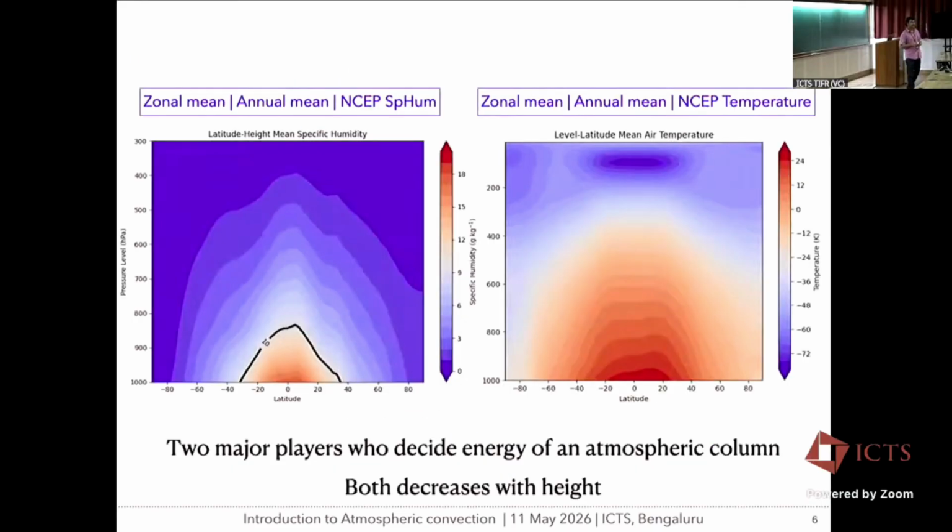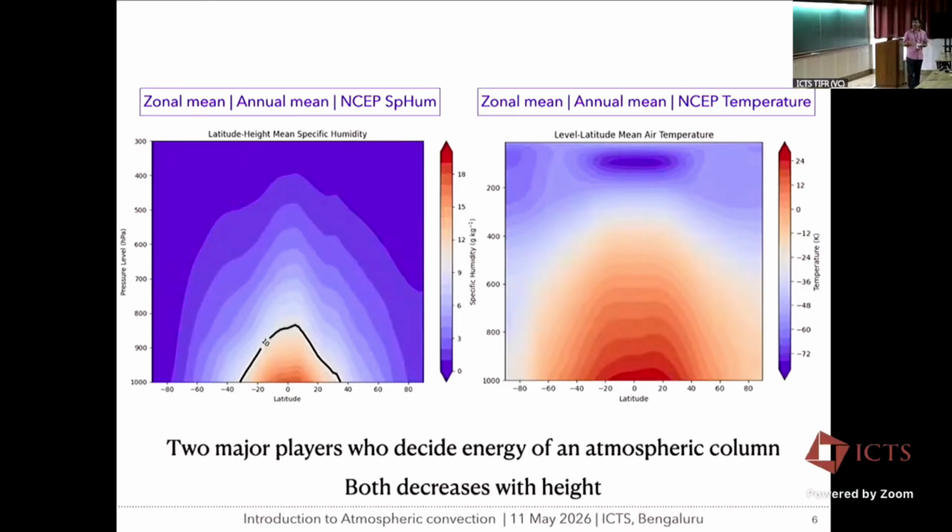There is another field that I have drawn here: zonal mean, annual mean specific humidity. These are the two major players that decide the energy of an atmospheric column or atmospheric parcel, and both decrease with height.